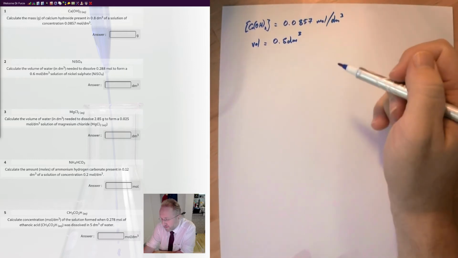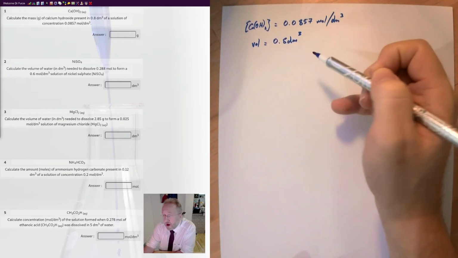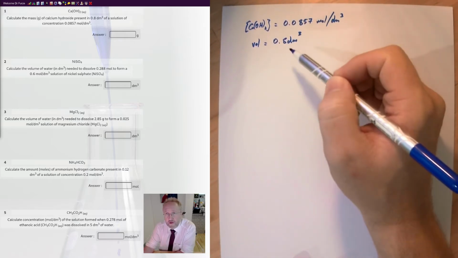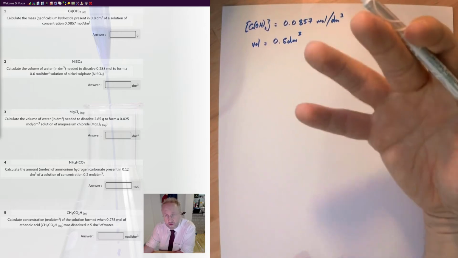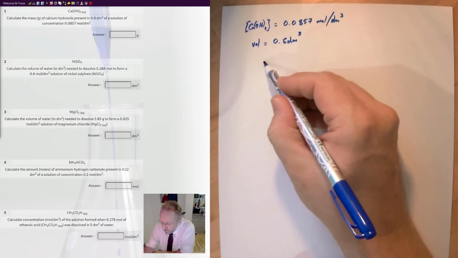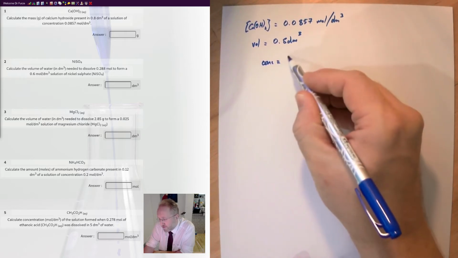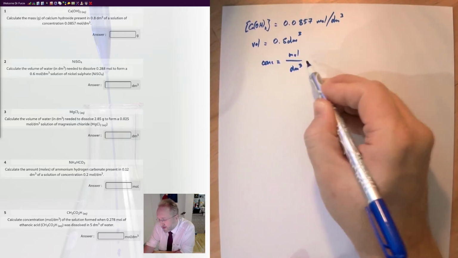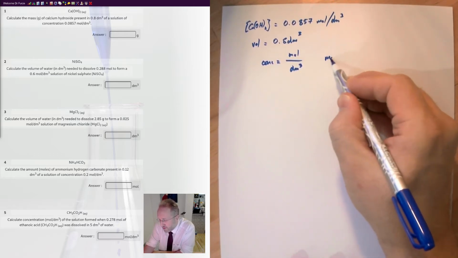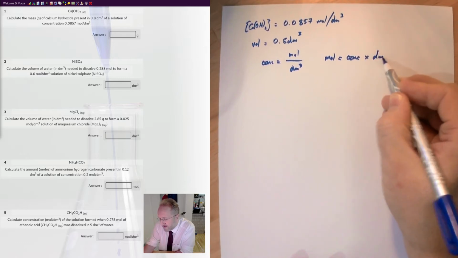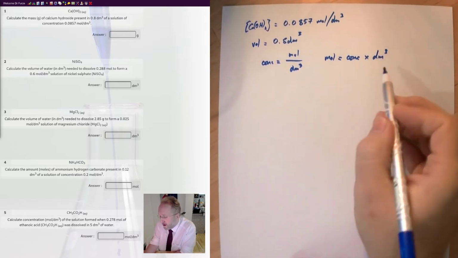Okay, and we want to know the mass, but we can't work out the mass directly. We have our moles per decimeter cubed, so first of all we need to work out the moles, the amount of calcium hydroxide present. So what is our formula? Concentration is equal to moles per decimeters cubed. Okay, rearrange this. Moles is equal to concentration times volume, decimeters cubed.